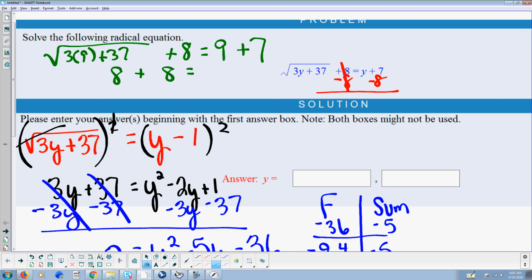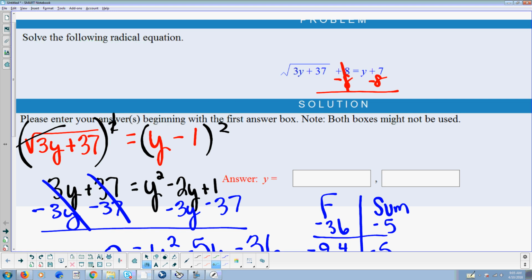And 9 plus 7 is 16, and 8 plus 8 is also 16. So 9 gave us a good solution. 9 is a good solution. Okay? Now we will check to see if -4 is a good solution.